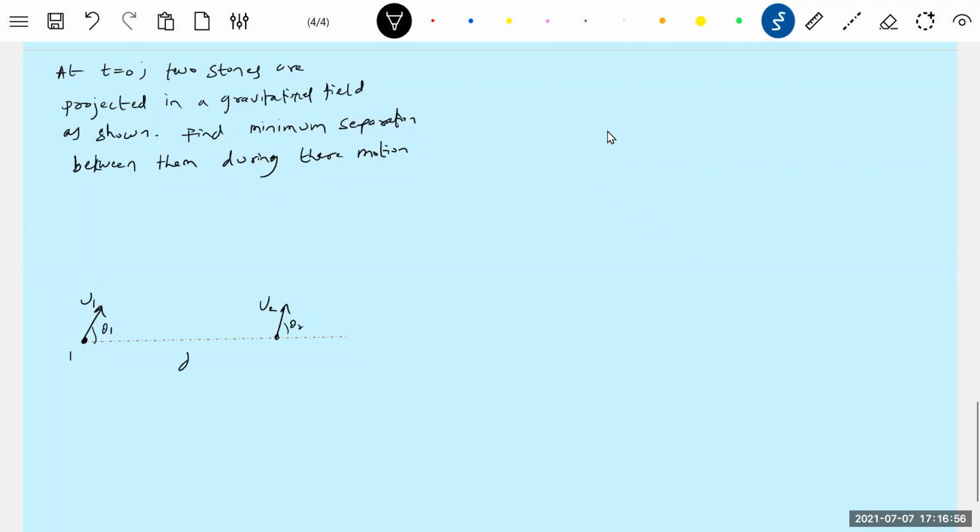The separation between them is D. So the values I'll give: U1 is 10 meter per second, U2 is 4 root 2 meter per second, theta 1 is 30 degrees, theta 2 is 45 degrees, and the separation between them initially is 10 meter. Gravity is present, as shown. At t equals 0, the projection happens. So is it the ground? It didn't say. Maybe they are in here.